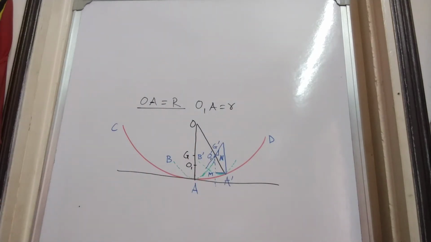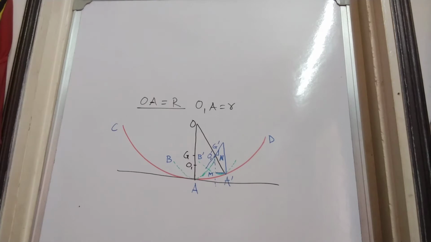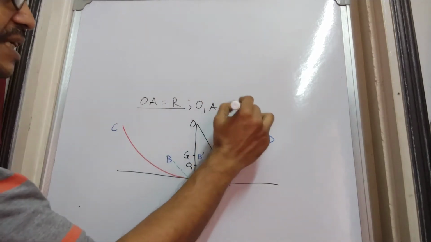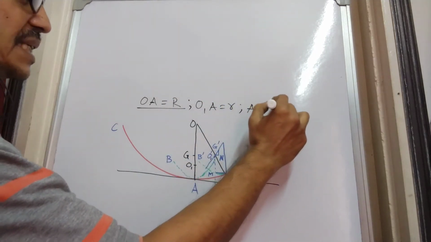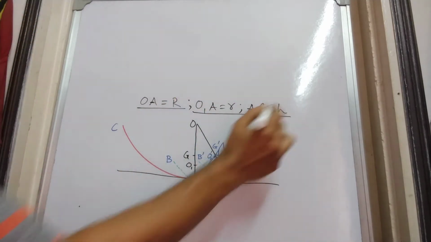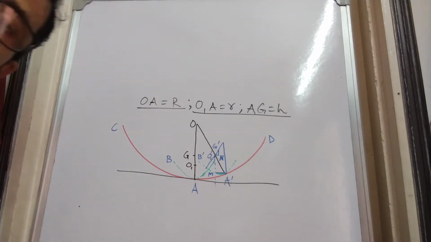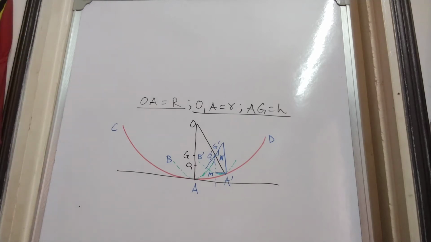We assume the height of this CG from the lowest point A to be H. So these are the features, and we should remember that these three lengths determine the stability of the equilibrium of these two bodies. I hope I have been able to describe the basic situation here.